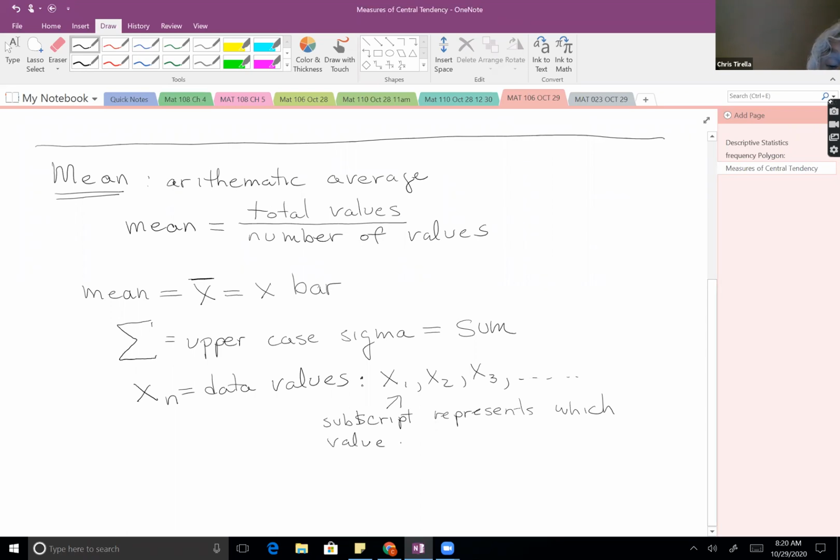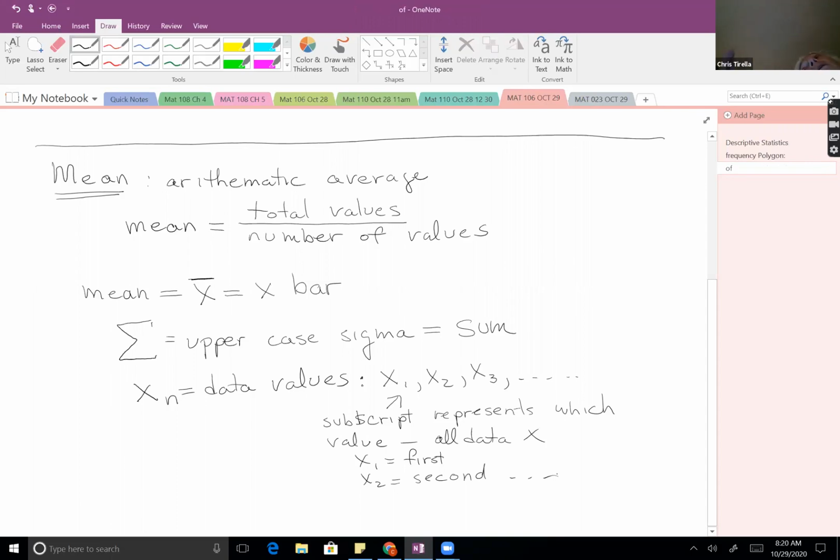So we're saying that all the data is X. X1 is the first number, X2 is the second, and so on. We want to use the variable X to represent the random numbers in our data set.